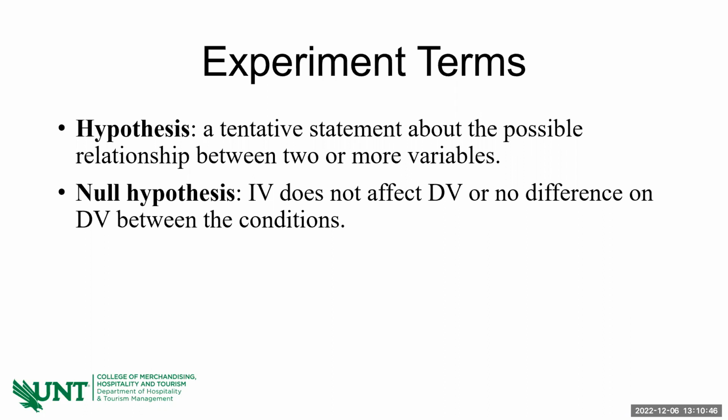In a correlational study, you would probably say your independent variable X is positively related to dependent variable Y, or you can say X is negatively related to dependent variable Y. However, in an experiment, you do not write hypotheses like that. You would say there is a difference or there is no difference between the two conditions.